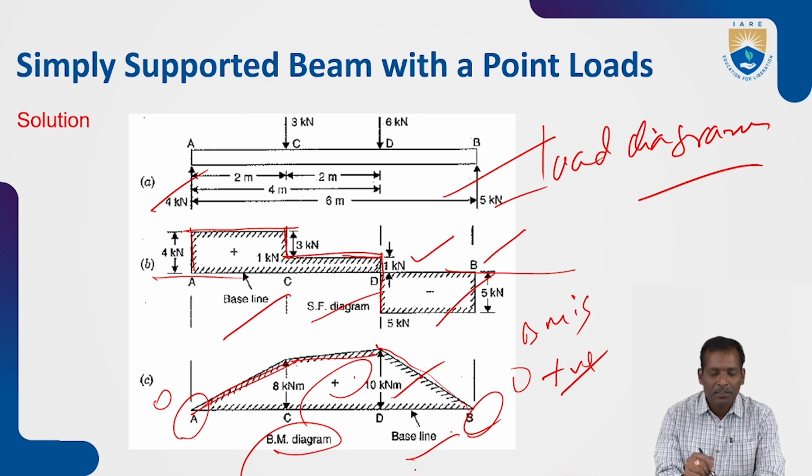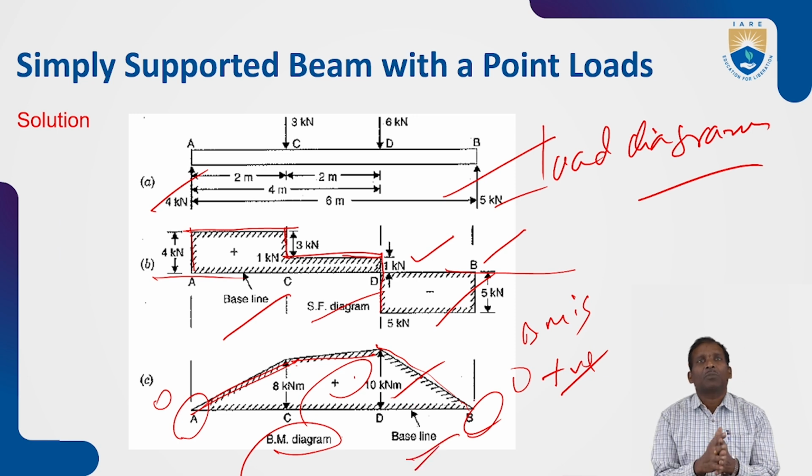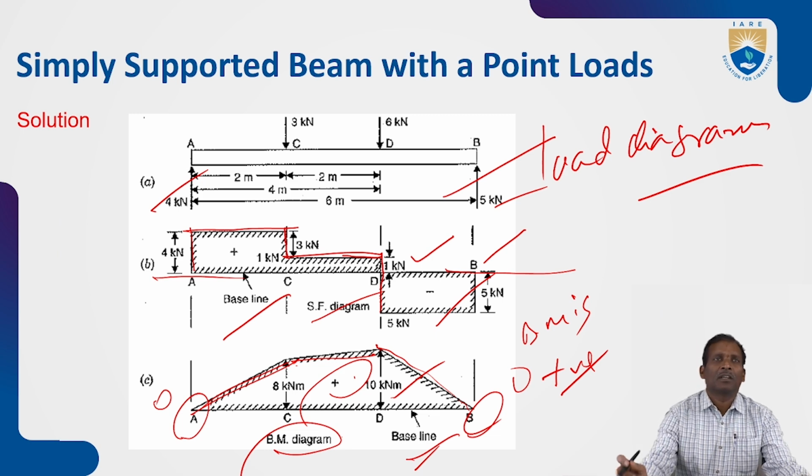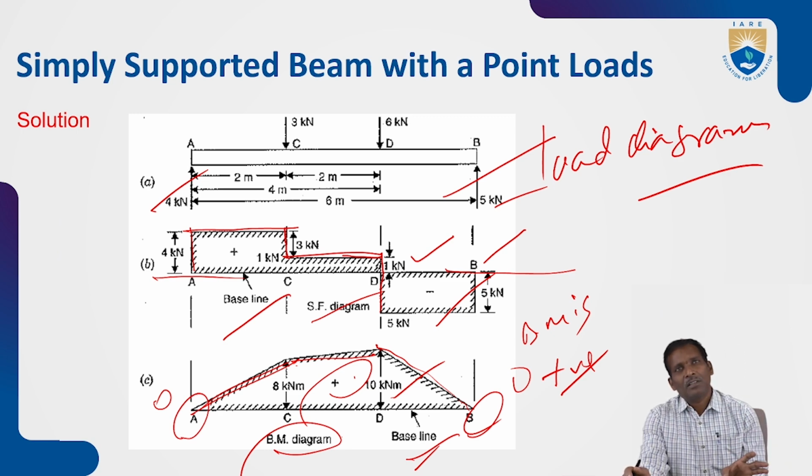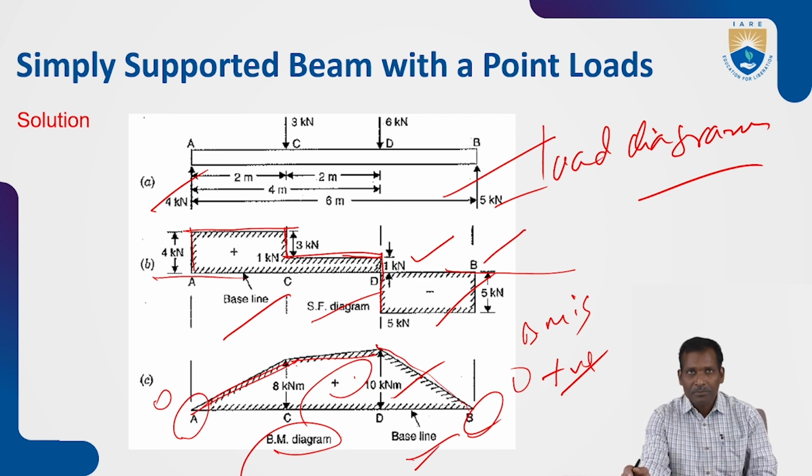So, like this, you should draw the shear force and bending moment diagrams for the given question. So, in the question given for the load values, draw the shear force and bending moment. So, for this, required shear force values and bending moment values.